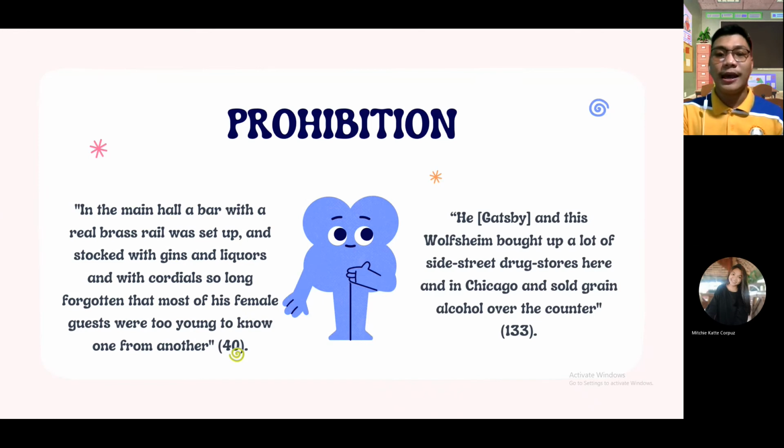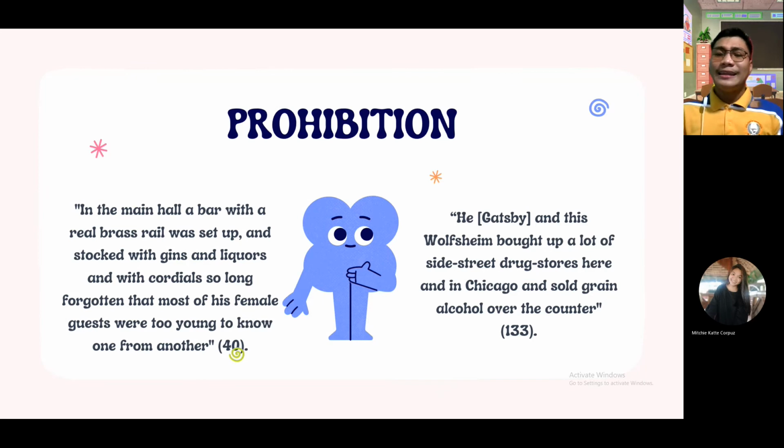The next line is, "He and Wolfsheim bought up a lot of side-street drug stores here and in Chicago and sold grain alcohol over the counter." This quote shows that alcohol was open to the public, so it was a problem during that time due to its being illegal.